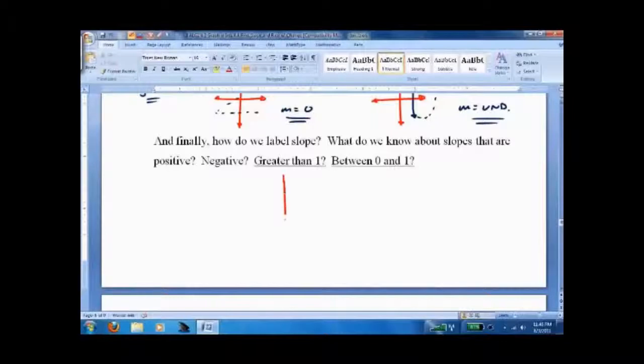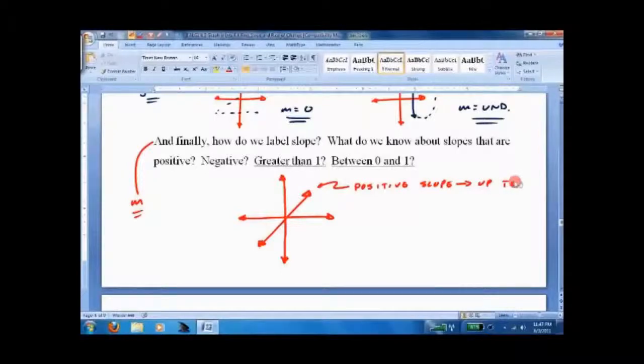How do we label slope? Well, we use the m. And what do we know about slopes that are positive? Positive slopes are always up to the right.